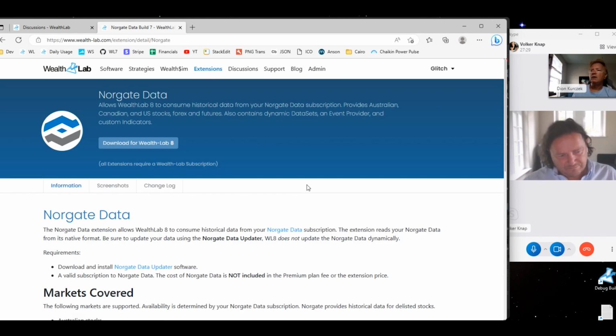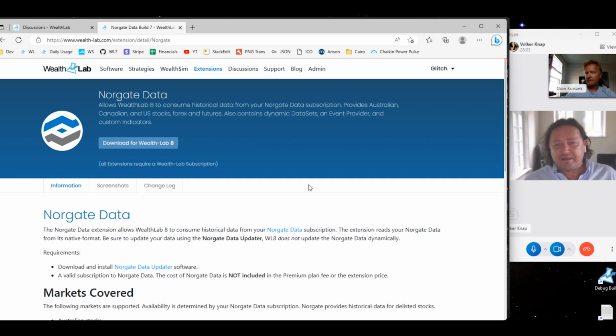They're one of our partners, a very respected data provider of historical stock market data for several international markets. If you're serious about backtesting, I would definitely recommend getting a subscription to Norgate Data and then installing this free extension for Wealth Lab. You'll then be able to test on the Russell 1000 without survivorship bias, just like we did.